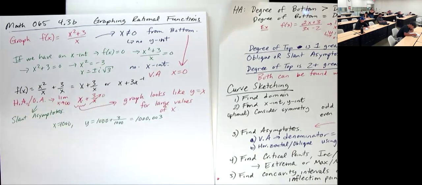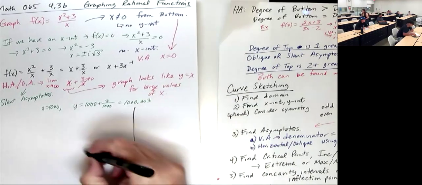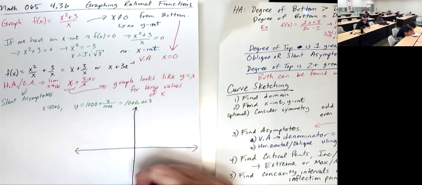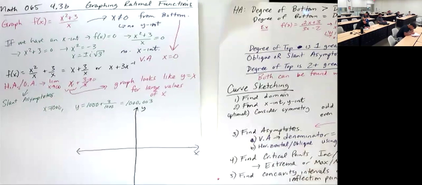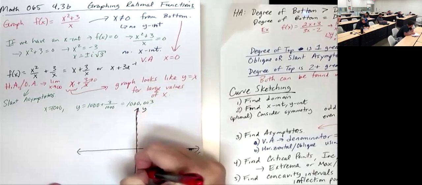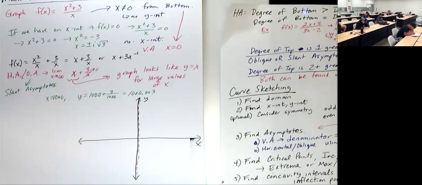So let's sketch what we've got so far. We don't have any intercepts, but we do have x equals 0, or the y-axis, as an asymptote. I'm trying to put that in right next to it.